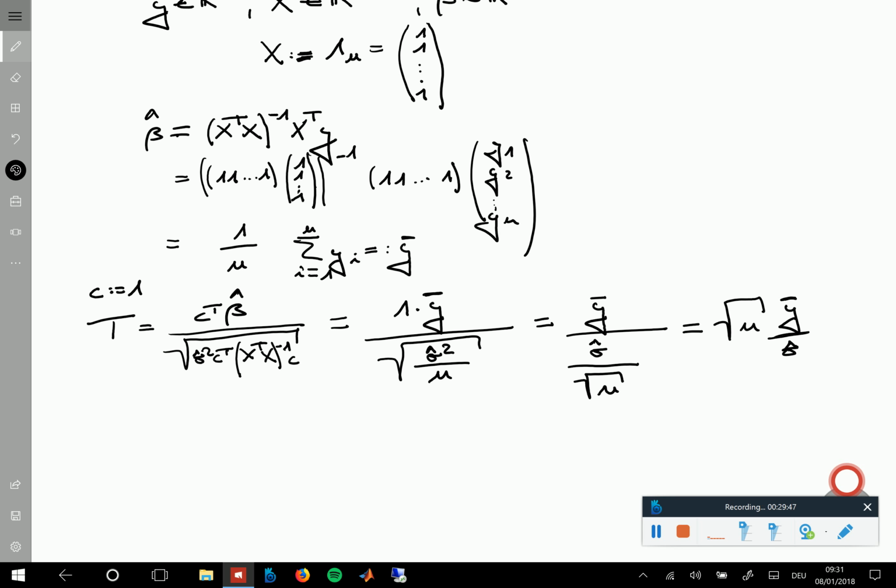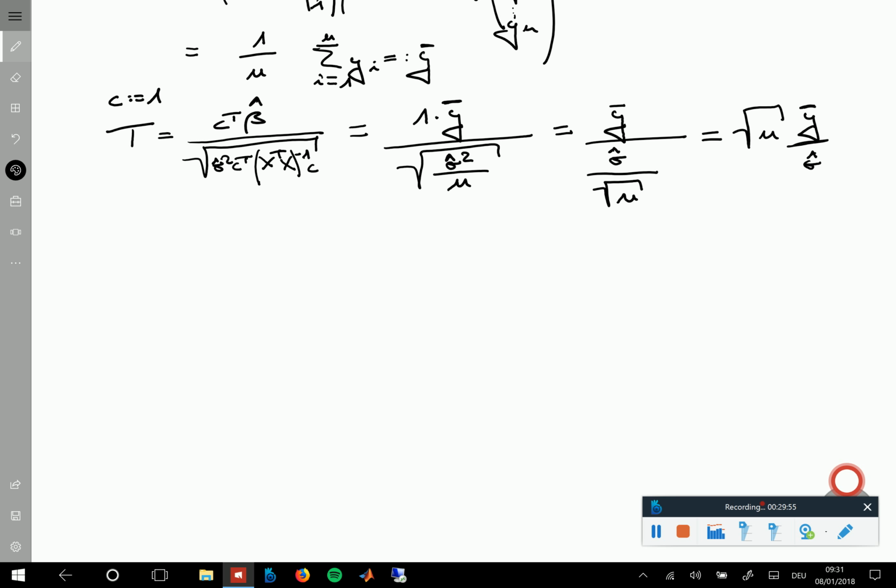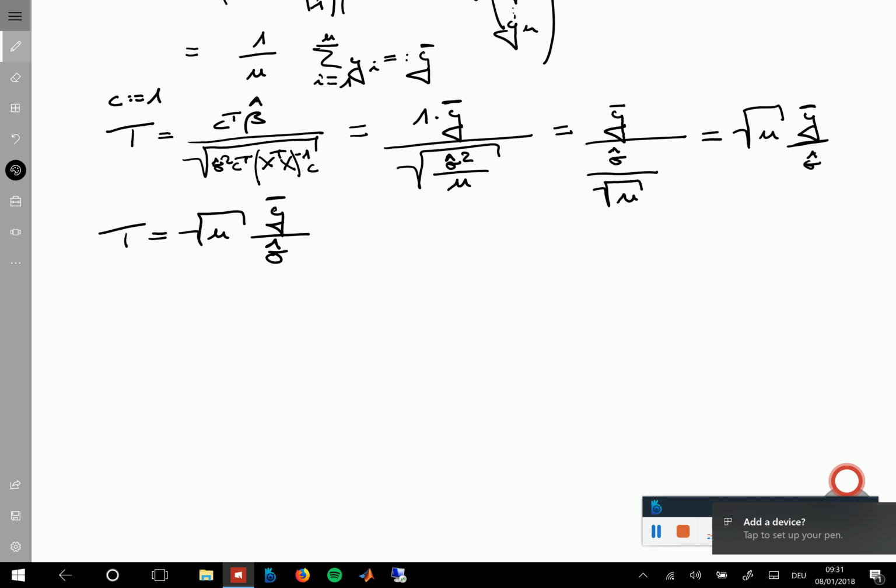So we get t equals square root of n times the average of the data points divided by the empirical standard deviation. And this is a formula that you should recognize from undergrad statistics.